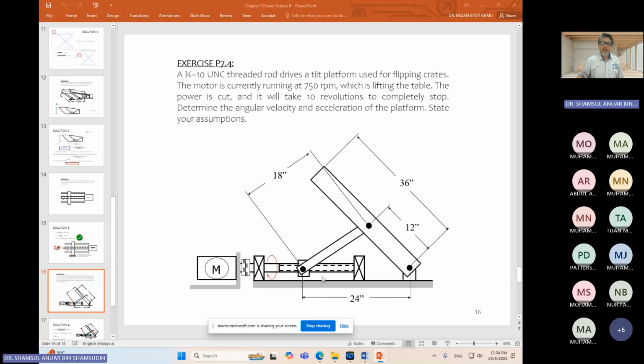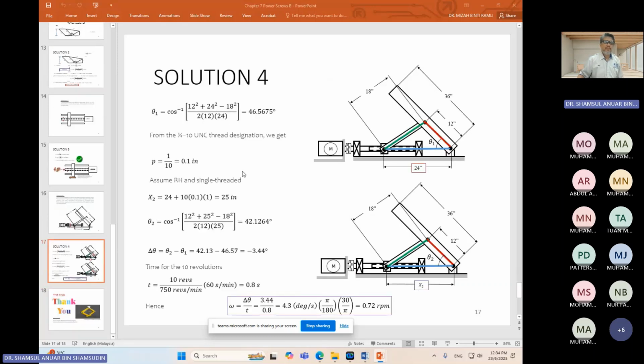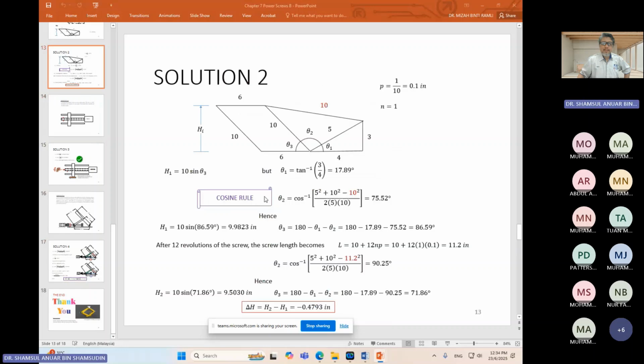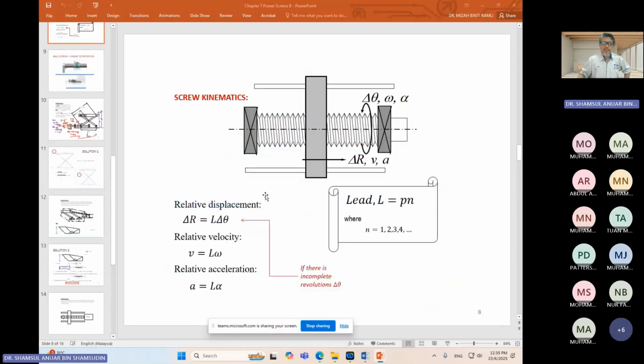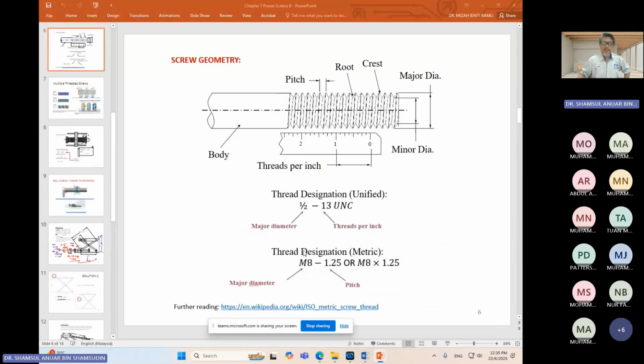The main thing is to understand the screw, how it works, and the screw will also require you to be able to find the pitch. If it is in metric, that information is given to you directly. Pitch is after the dash or after the multiplication symbol, so 1.25 is the pitch, 1.25 mm.